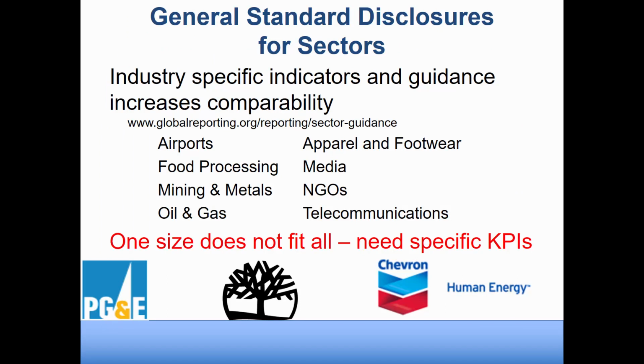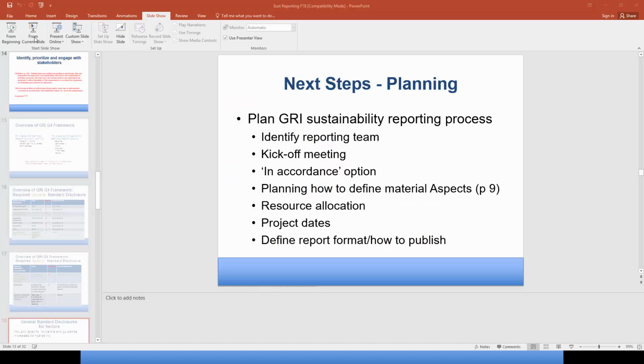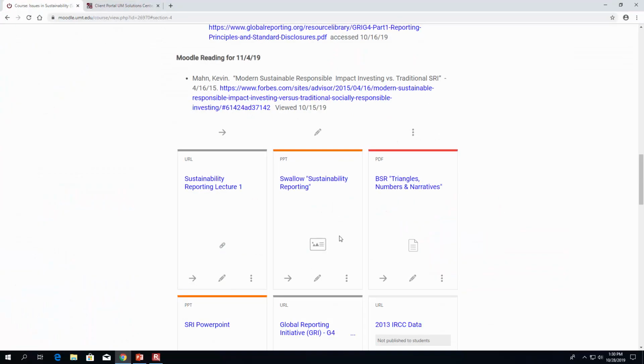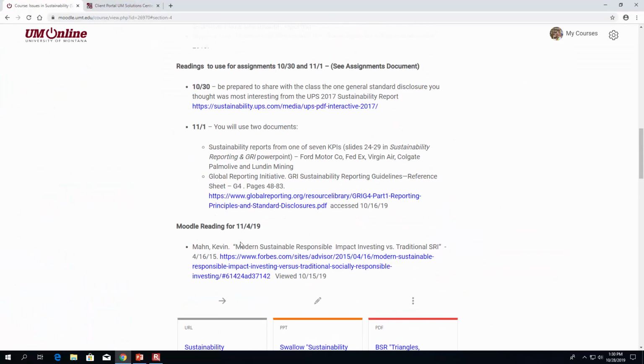So let's just stop here for a second, and let's now go into the actual G4 disclosures link. And it's right here, okay. So this is from the Global Reporting Initiative. This is our references, and we're going to be looking at page 20 for the standard disclosures and page 48 for the specific standard disclosures.